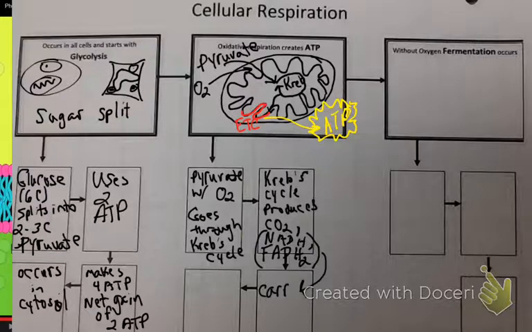So those guys up here on the top, these NADHs and FADH2s, they carry electrons to the ETC. And I would write E minus, which is electron. And I would make sure I write ETC as electron transport chain, so you make sure you know what that is. I just put ETC because I don't have enough room.